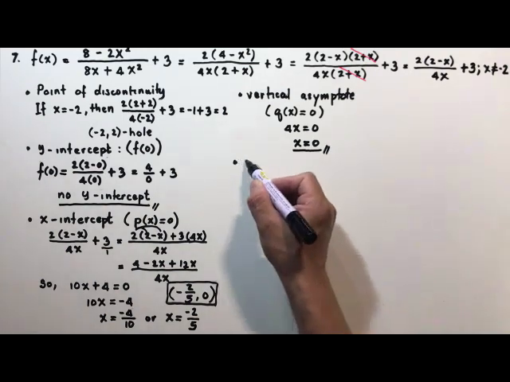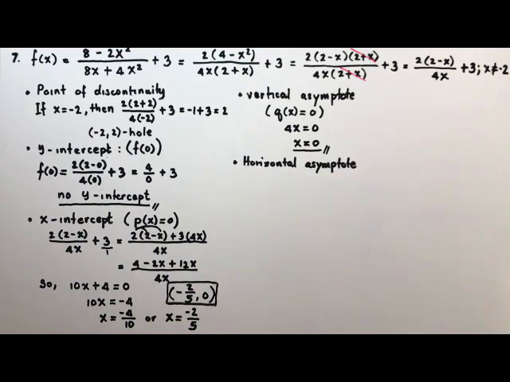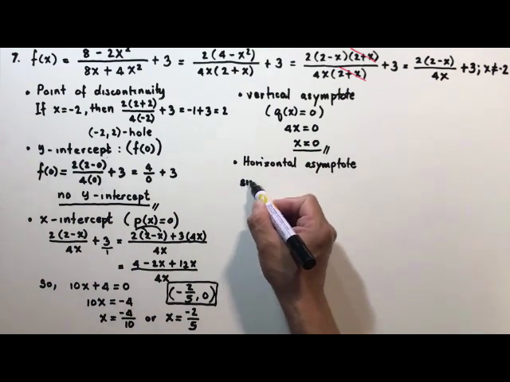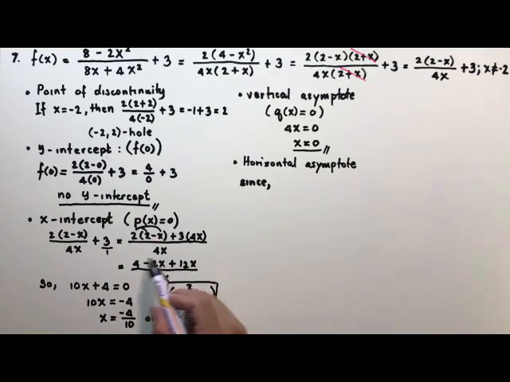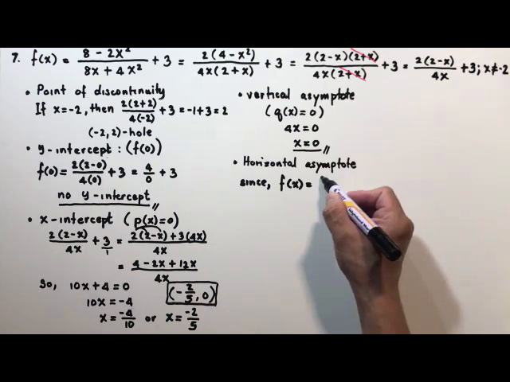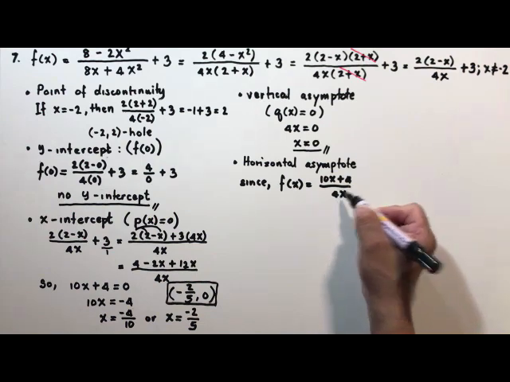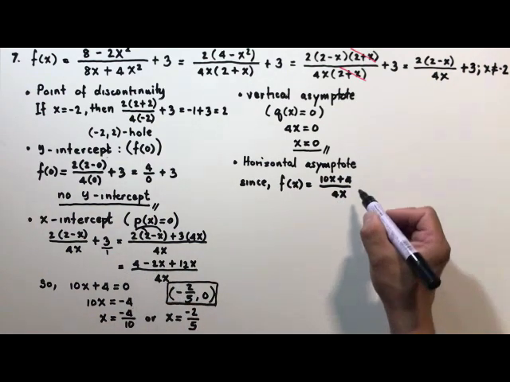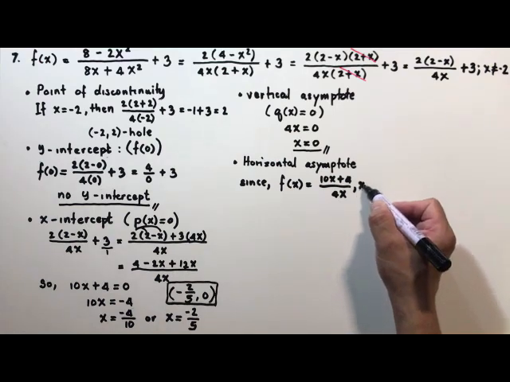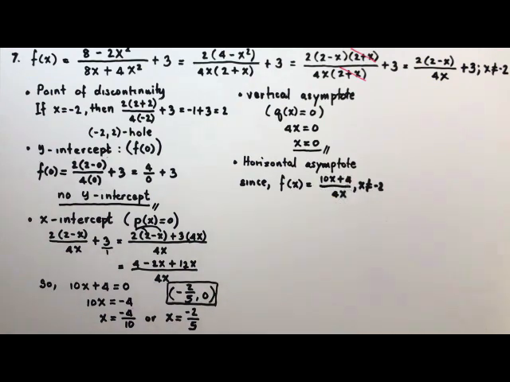And also for our horizontal asymptote, we need just to compare the degree of the numerator with the degree of the denominator. So since our function, which is this one, f of x, which is equal to 10x plus 4 over 4x, this one here, but there is a little condition that x must not be equal to negative 2. Now looking at the degree of the numerator and the degree of the denominator, they are just equal.